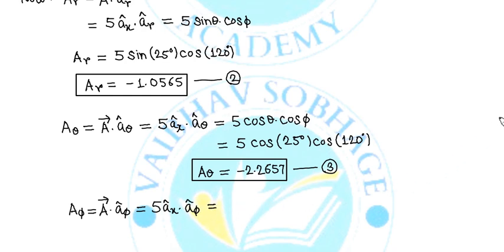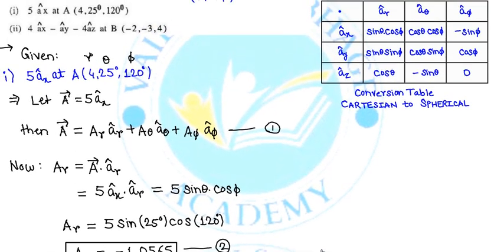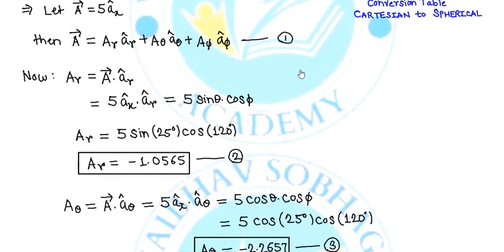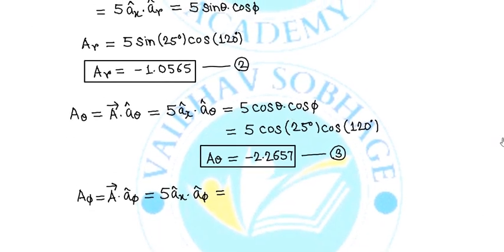Now from that conversion table, what is the dot product between ax and A phi? It is equal to minus sine phi.